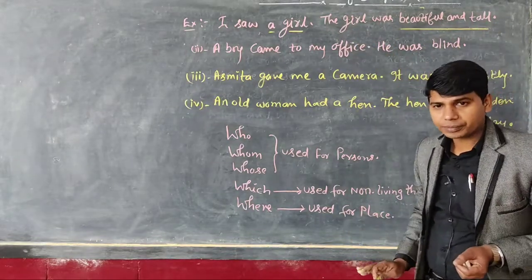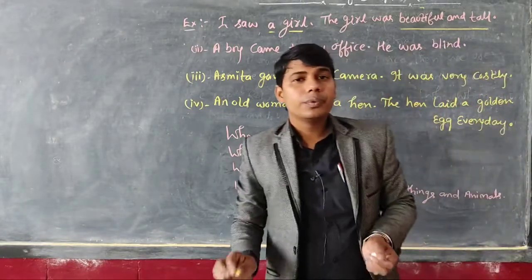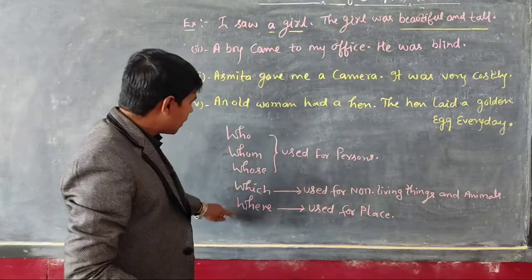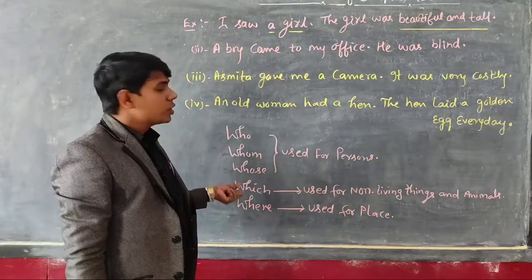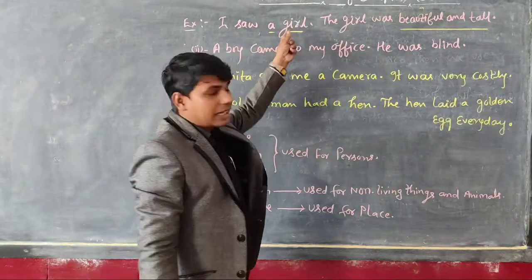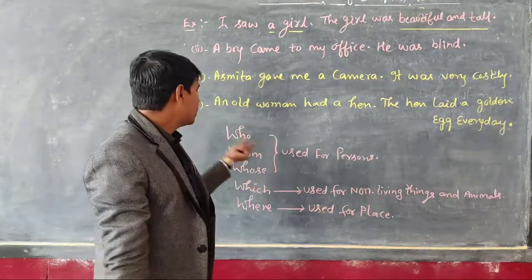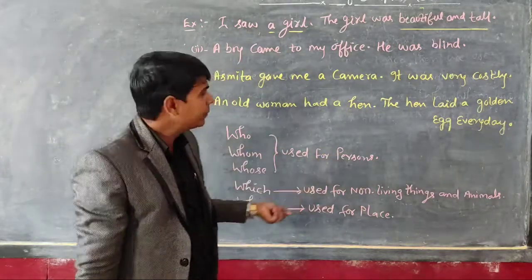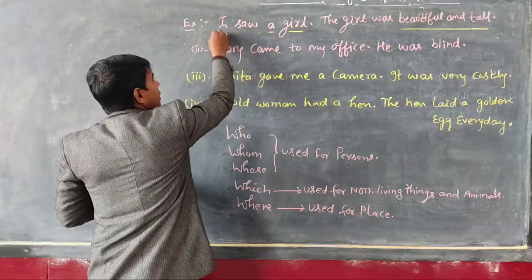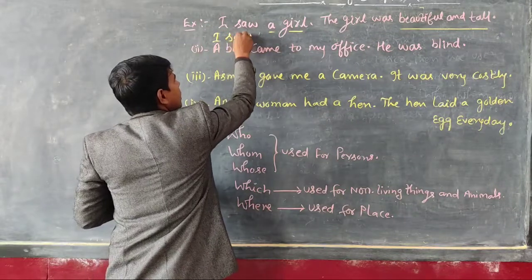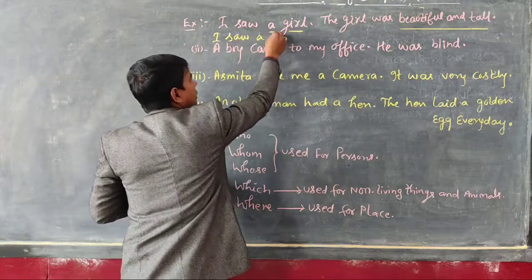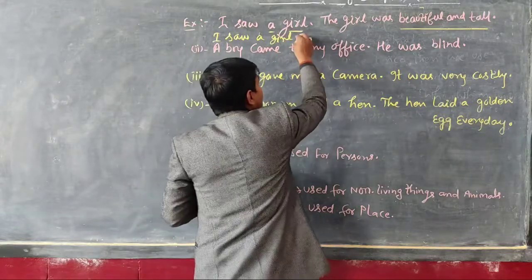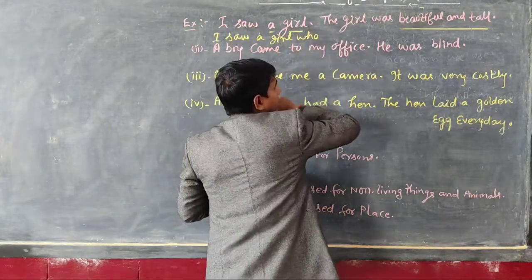Is that clear? When we synthesize the sentence, we can use one of these conjunctions. Girl is a human being, a person, so we use who, because we use who for a human person. So: I saw a girl, and after that we use the conjunction who.